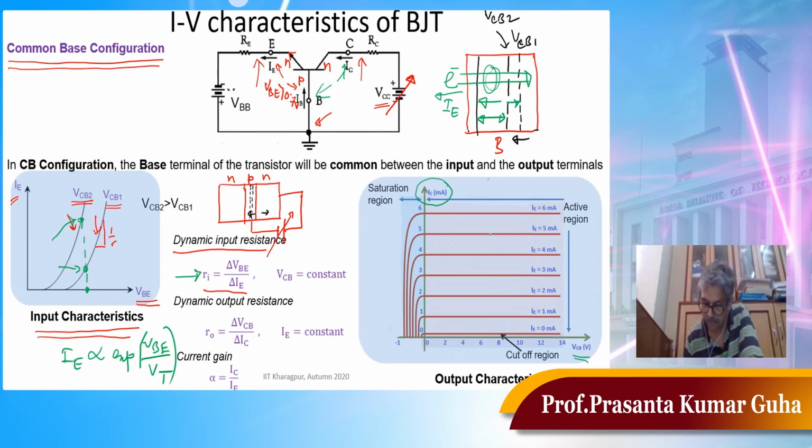And I am plotting these for different values of IE, different values of emitter current. Now you see, as we increase IE, IC is also going to increase, and the values of IE and IC are very close because alpha is close to 1. Okay, it is a little bit less.